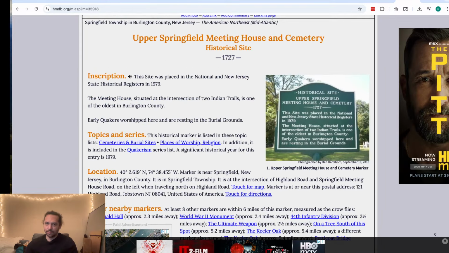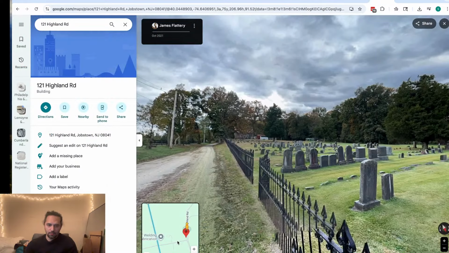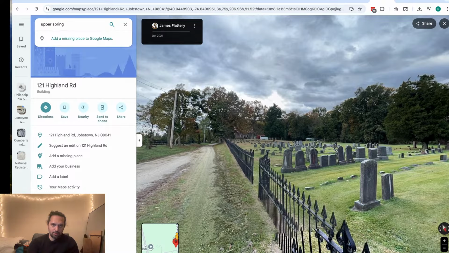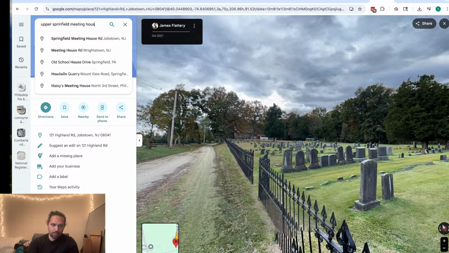Okay, let's add that to the map for sure. Upper Springfield Meeting House.